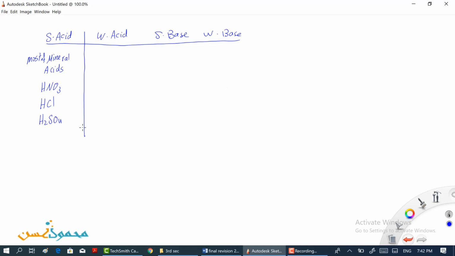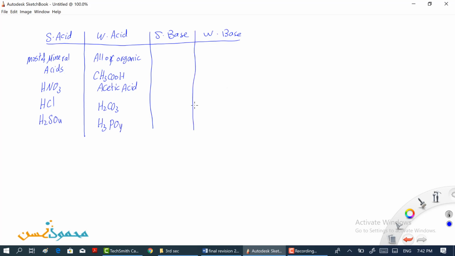Weak acids are all of the organic acids, and the most popular one is acetic acid, CH3COOH, or vinegar. Some mineral acids are also weak, like carbonic acid and phosphoric acid, H3PO4. Weak bases include NH4OH, ammonium hydroxide, and iron trihydroxide, Fe(OH)3.